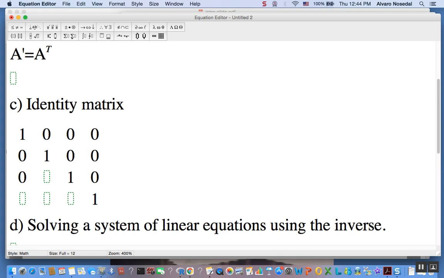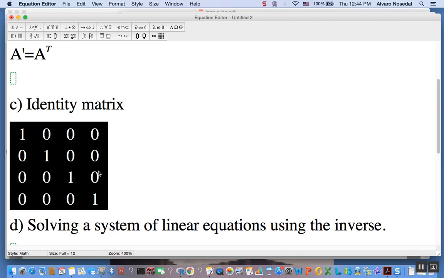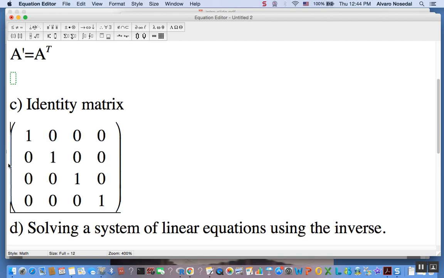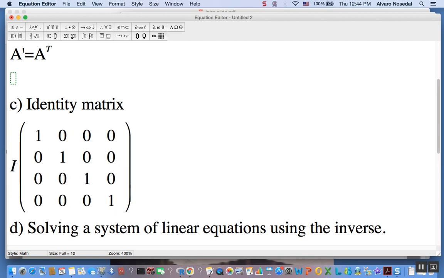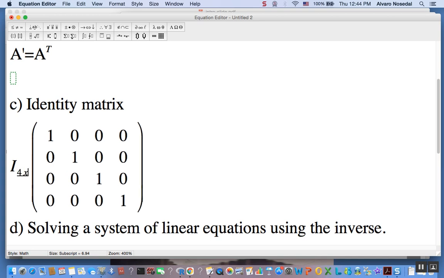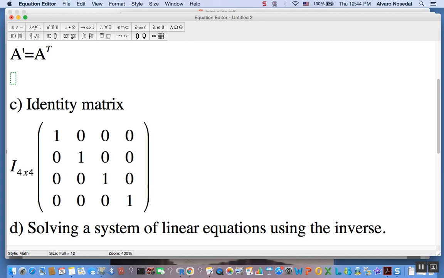But what if I wanted to create this 4x4 identity matrix, and we're going to have a special notation for this, a capital I, and just to be super clear, let's include the dimensions of our identity matrix.